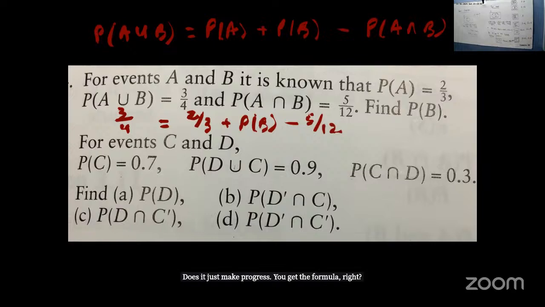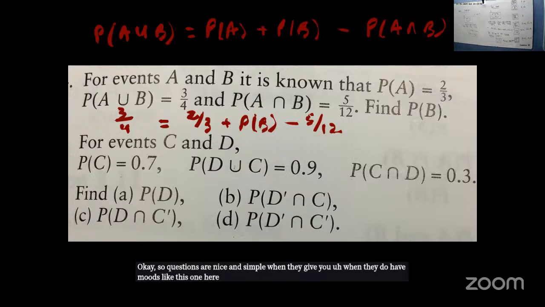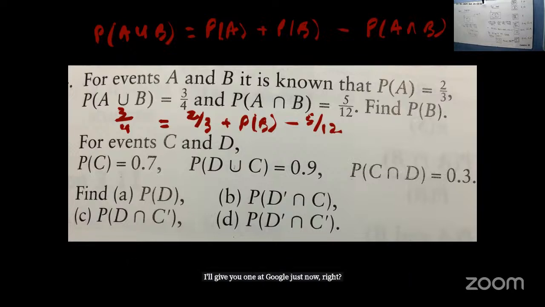Just make the probability of B the subject of the formula. That's okay. So questions are nice and simple when they don't have many words like this one here. I'll give you one with words just now. So that'll be 3/4 plus 5/12 minus 2/3.